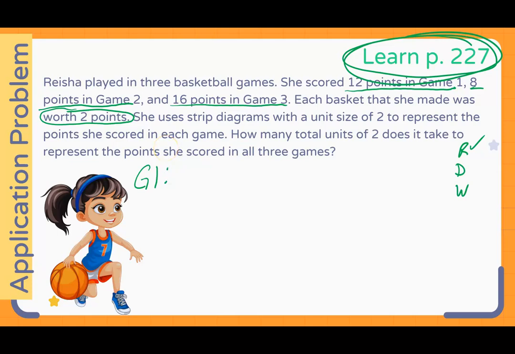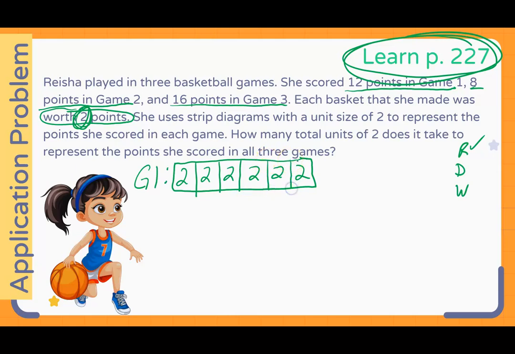She scored 12 points. So that means we're counting by 2s till we get to 12. So it's 2, 4, 6, 8, 10, 12. So now I can just make my strip diagram. I don't have to just guess how many I need if I do my numbers first, and then I can draw my strip diagram on it. Okay.